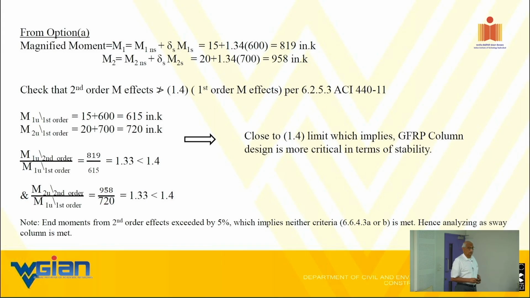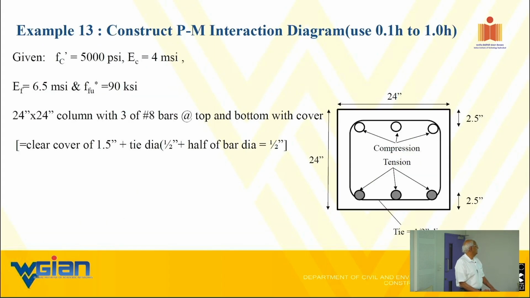So with all this, first we are establishing whether the column is a swayed column or an unswayed column. We establish that as a swayed column with all that effort. That's the procedure.